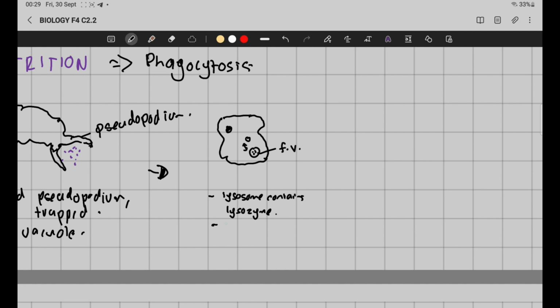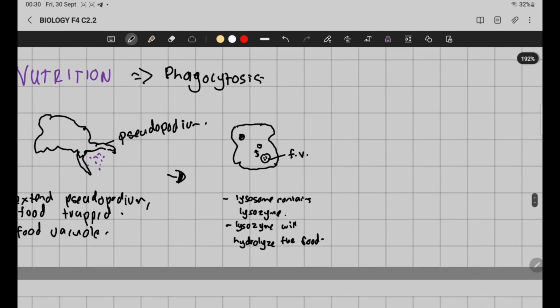So here lysozyme will hydrolyze the food. Just imagine your enzymes hydrolyzing your food in your stomach, in your digestive tract. After they hydrolyze the food, of course, they will absorb it. Then the food will be absorbed by the amoeba. This food will be used in their metabolism and life processes as a source of energy.